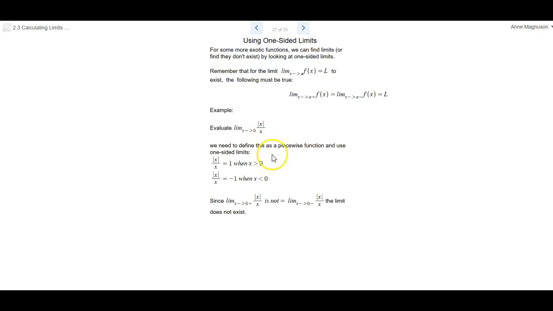So we need to define this as a piecewise function. The absolute value of x over x equals +1 when x is greater than 0, and it's -1 when x is less than 0, and it's not defined at x equals 0. So the limit as x approaches 0 from the right would be 1, yet the limit as x approaches 0 from the left would be -1. So this limit does not exist.